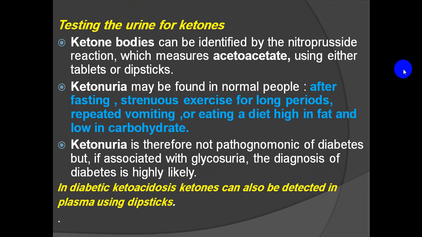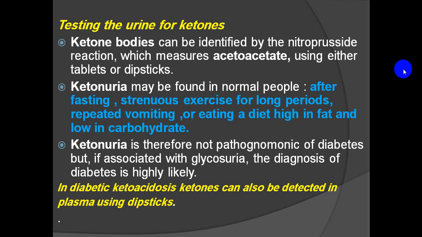Also, we may test the urine for ketone bodies, or ketones. And this test can be identified by the nitroprusside reaction, which measures the presence or the amounts of acetoacetate. Ketonuria is not pathognomonic for diabetes. You may detect ketones in urine among normal people. And what are the conditions in which we may have ketonuria with no diabetes mellitus?